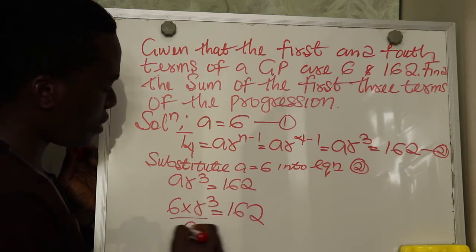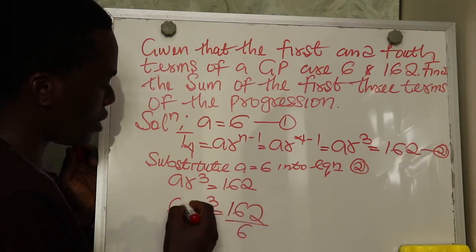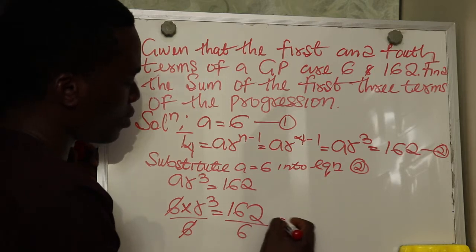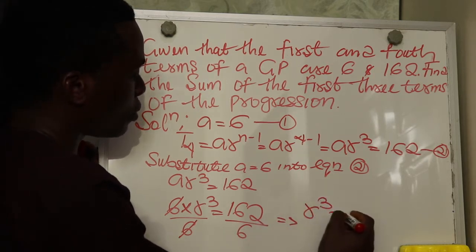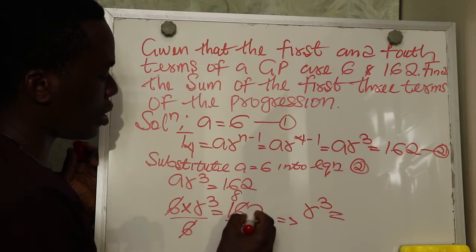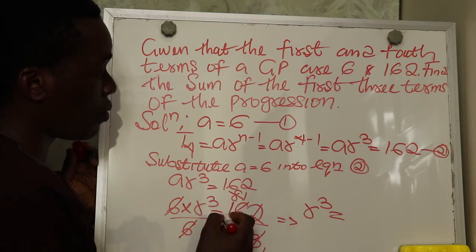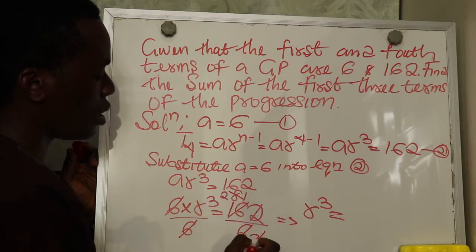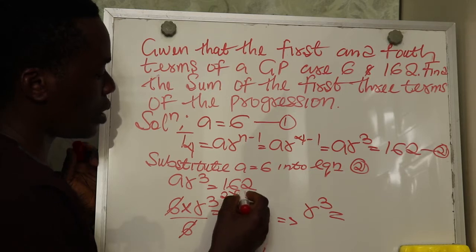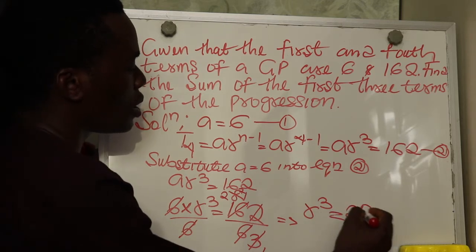Divide both sides by 6. If we divide here by 6, 6 divided by 6 will give us 1, then the final value we are going to have here is r^3 will be equal to 162 divided by 6. 6 in 16 will give us 2, remainder 4, and 42 divided by 6 gives us 7, so this will give us 27.